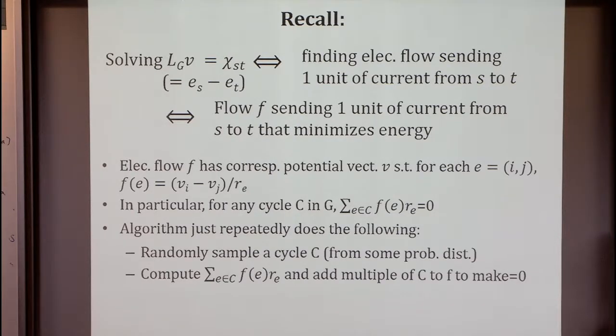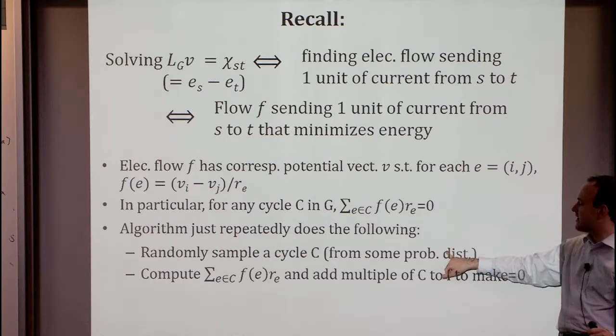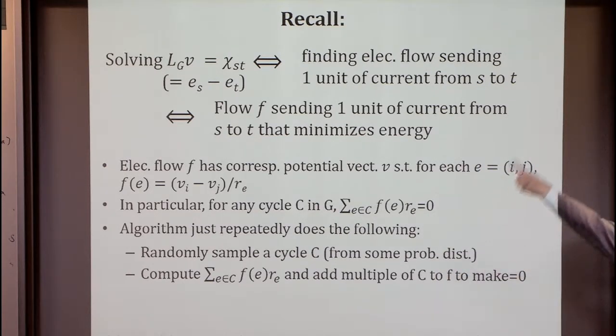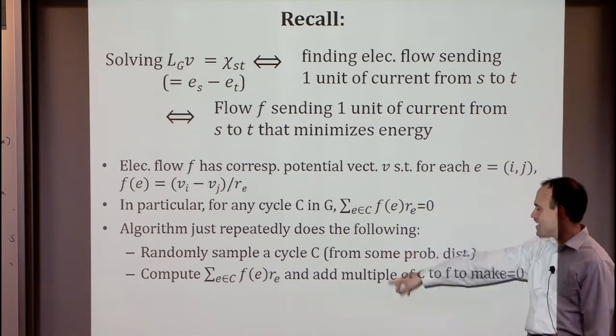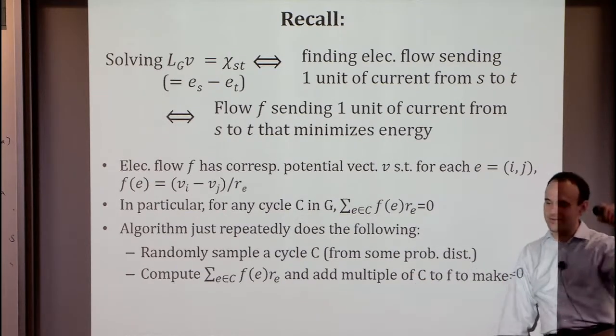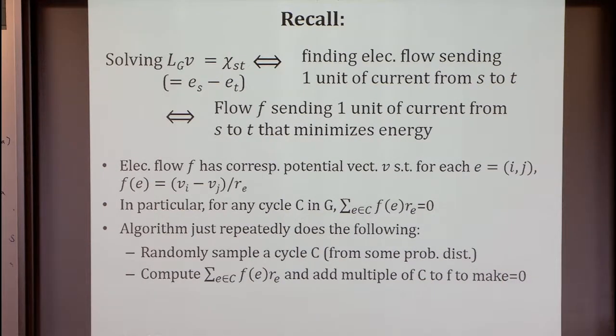So we're not going to compute v, we're going to compute f, and then we're going to use that to find v by exactly these equations, by taking potential differences. And all you'll do is just randomly sample a cycle, check if when you take your flow and you go around the cycle, it's consistent. It gets back to where it started. If it isn't, fix it. How do you fix it? Well, you add the appropriate multiple of the cycle to the flow to fix it. And then you repeat. And that turns out to give a new linear time algorithm for Laplacian systems.